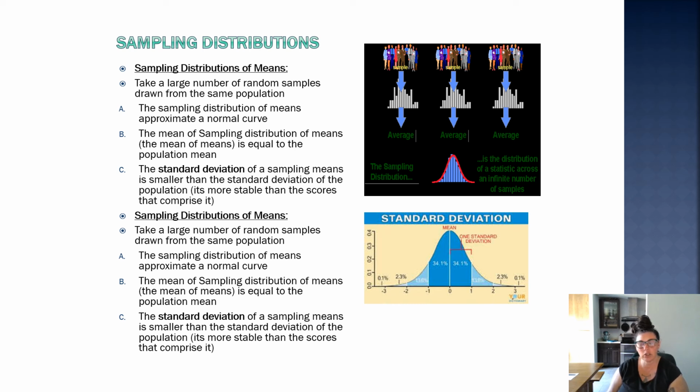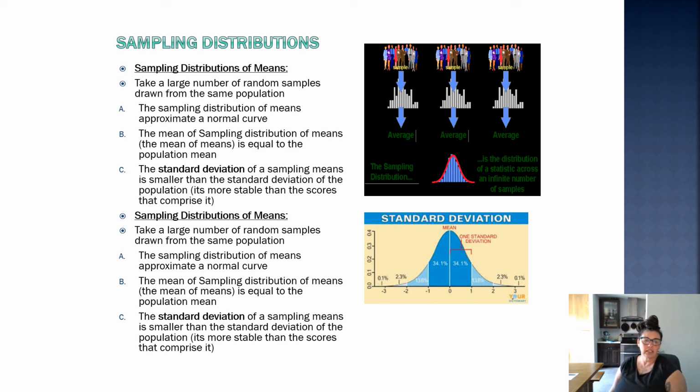How do we know that it's the same? We know because if it's done accurately and if it's large enough, it will turn into a normal curve. That's how we know that it's the same. It'll approximate that normal curve.